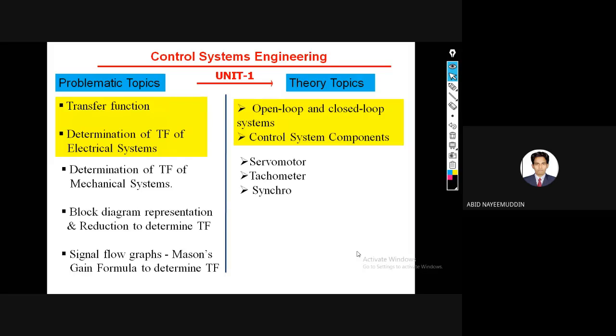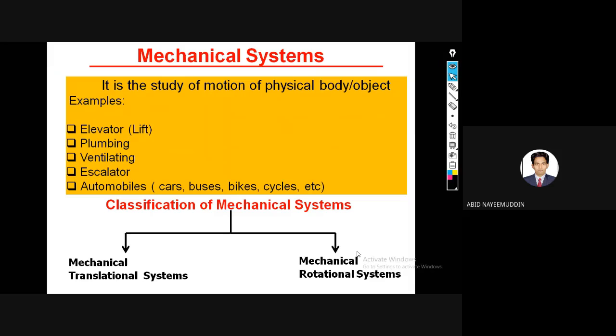Under mechanical systems, as all of you are aware, based on the motion, mechanical systems are classified into 2 categories: mechanical translational system and mechanical rotational system. In the previous class, I concluded how to obtain the transfer function of a mechanical translational system.